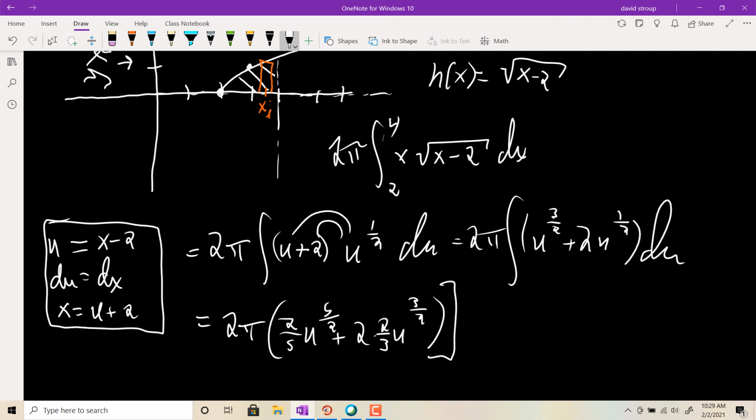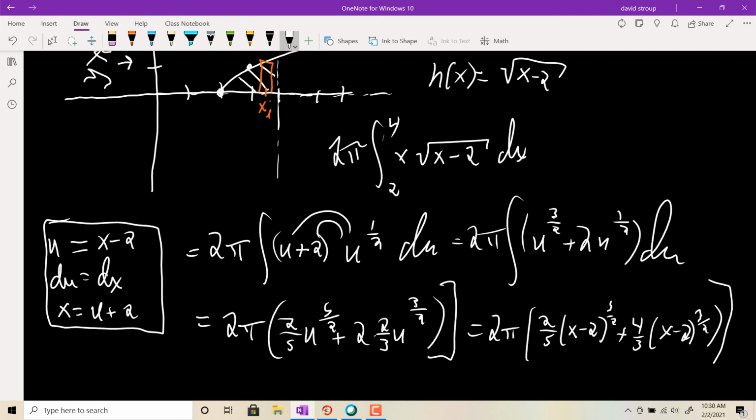I'm going to remind myself to evaluate. So back-subbing, 2 pi times 2/5 times u, which is x minus 2, to the 5/2, plus 4/3 times x minus 2 to the 3/2. And now I can back substitute in my bounds, or my limits rather, from 2 to 4.